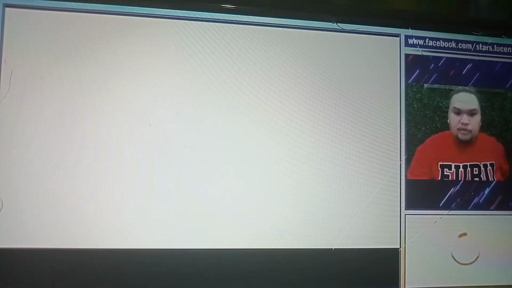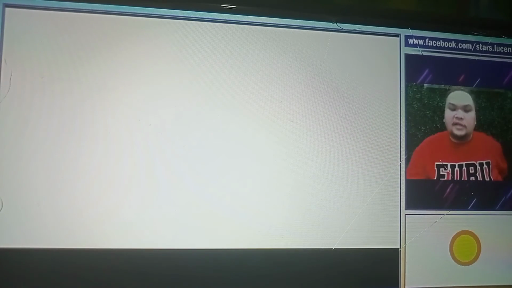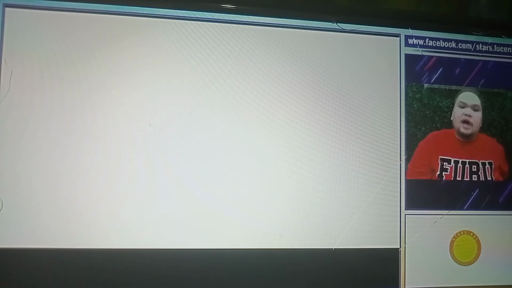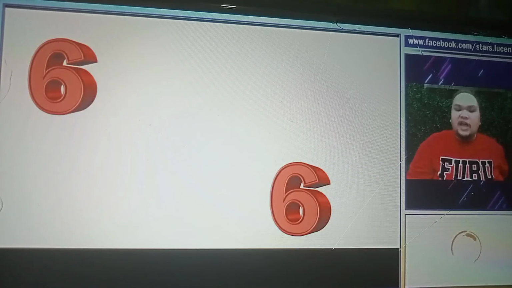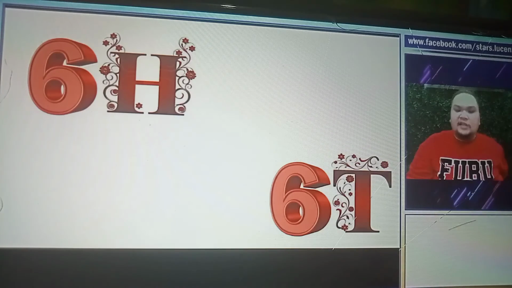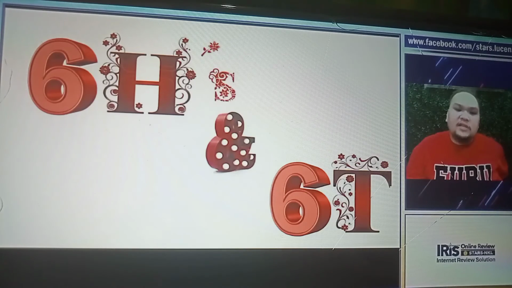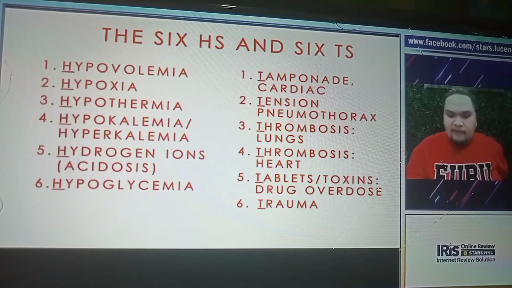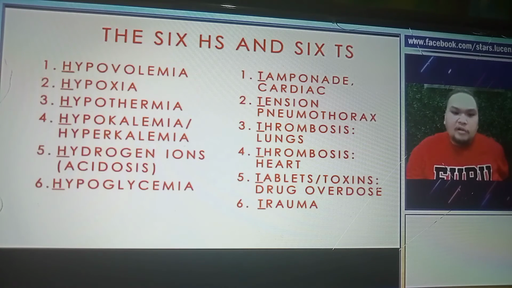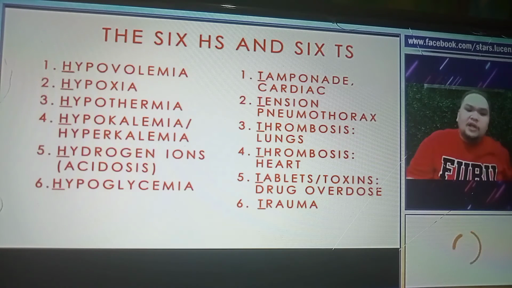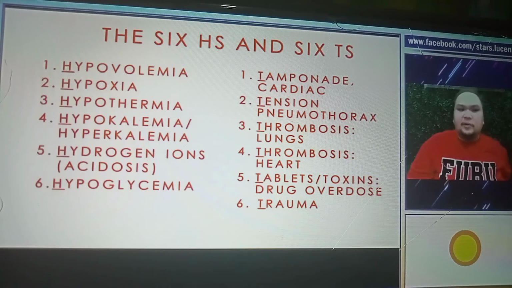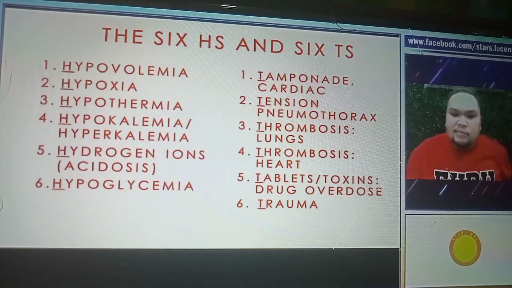Okay? We're going to check the reversible causes. Now, upon checking the reversible causes, yun yung tinatawag nating 6H and 6Ts. Now, what are your 6H and 6Ts? You have here hypovolemia, hypoxia, hypothermia, hypo and hyperkalemia. You have your hydrogen ion acidosis, your hypoglycemia.